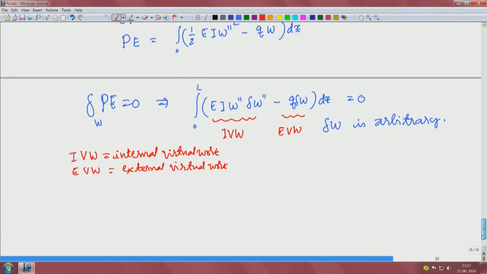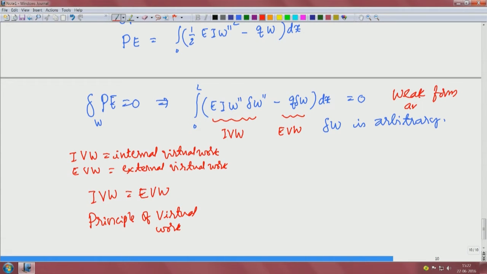Both being equal is the principle of virtual work. So, IVW is equal to EVW, which we had discussed earlier, is the principle of virtual work, or as we call the weak form of the governing equation. That is what this is also called, the weak form and principle of virtual work, PVW. Note that delta W is arbitrary.